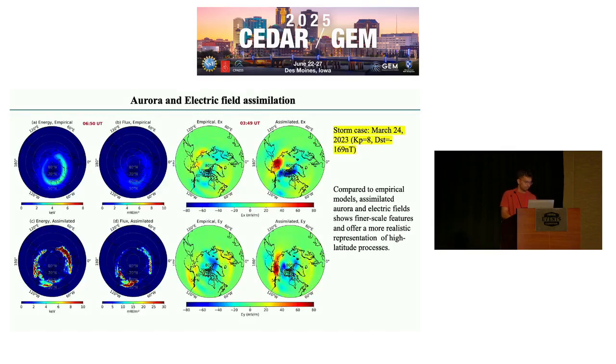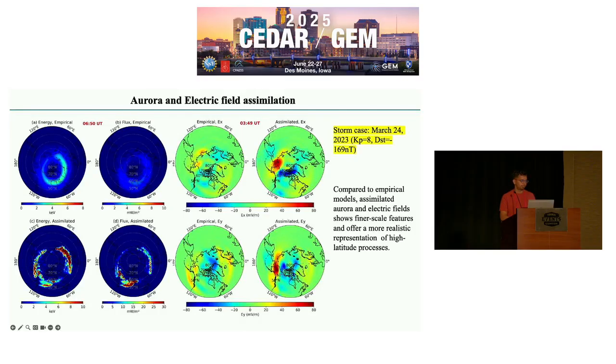This is the aurora and electric field maps after the assimilation. Looking at the top figures, the energy flux maps are the empirical results, but after data assimilation we see more structured maps which incorporate the data.